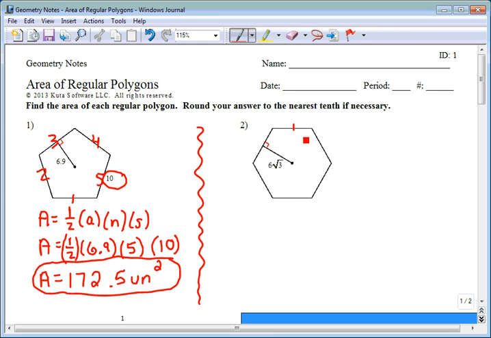We can see in this problem we have a regular hexagon. And the only length that's labeled is our apothem. We do not have a side length labeled. But what is special about a regular hexagon is that if I draw in a right triangle here, I know that my apothem created the right angle. And I know that I have a hexagon, so all the way around was 360.